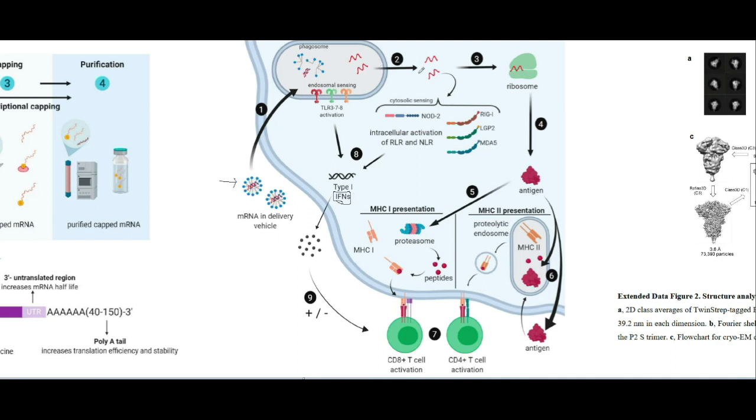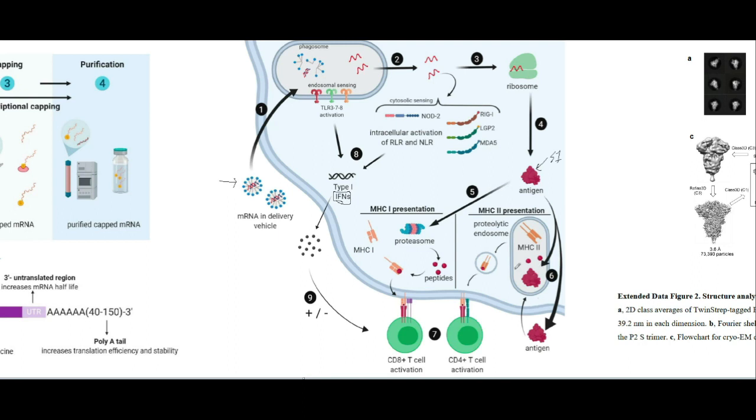And it will also use these mRNAs to actually translate the part of the S1 protein here as an antigen, and it will then put this onto the tips of these MHCs, which are called major histocompatibility complexes.